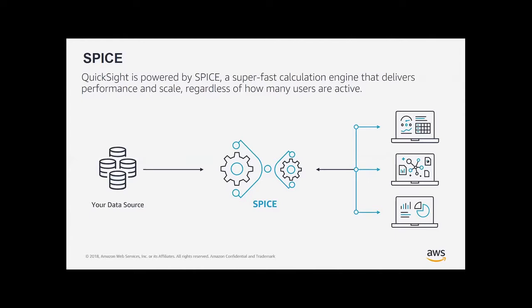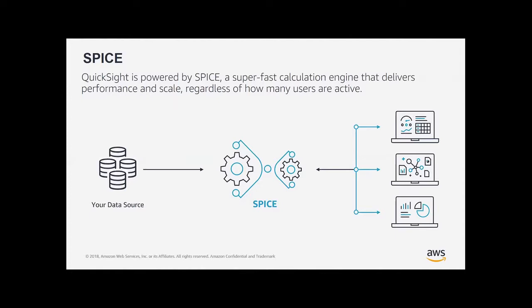You can import up to 100 million rows of data into SPICE per data set. On a given dashboard, I might be using multiple data sets, and each one of those can be up to 100 million rows. You can then schedule them to refresh on an hourly, a daily, or a weekly basis. You have that within your control.